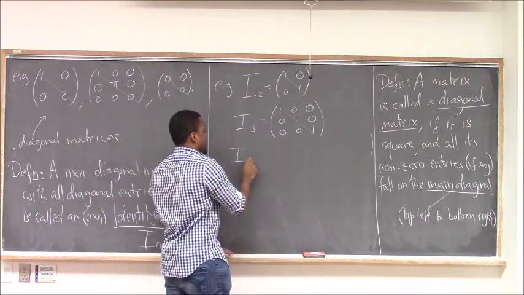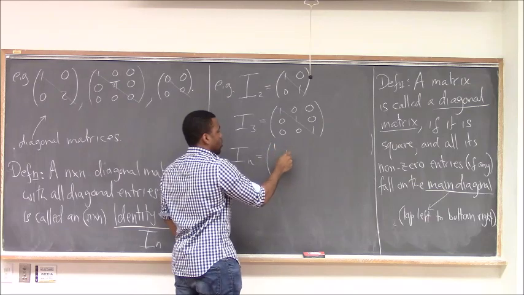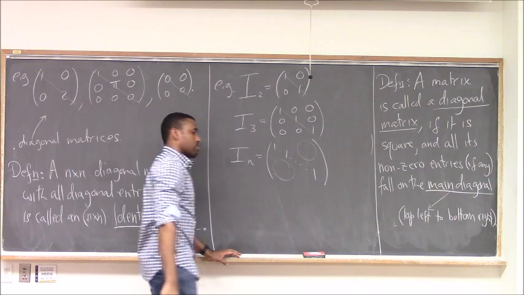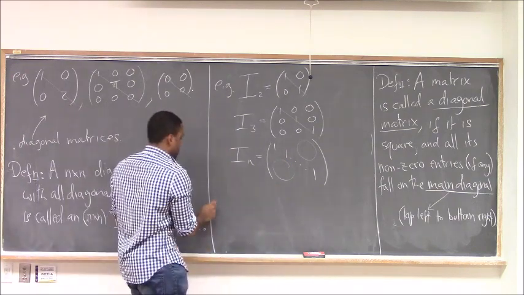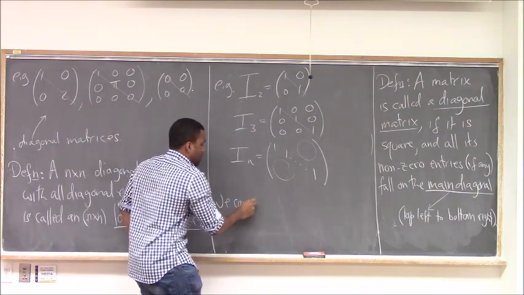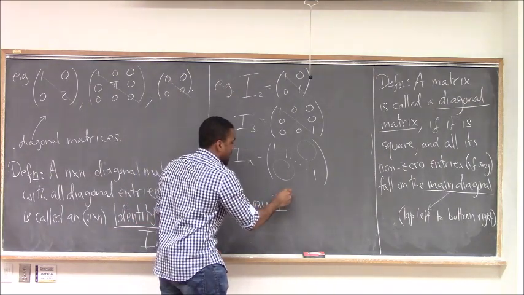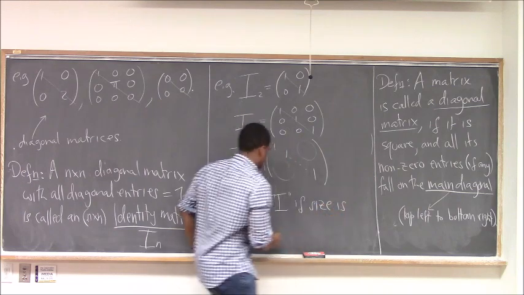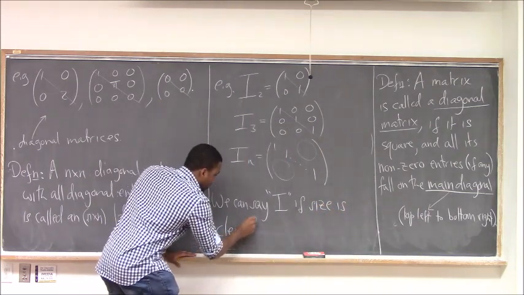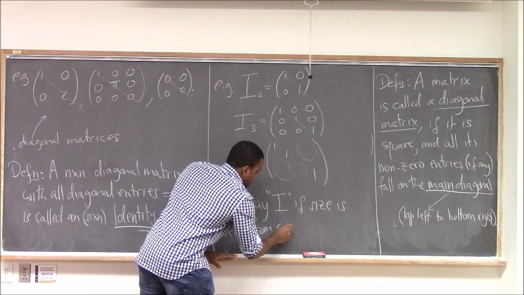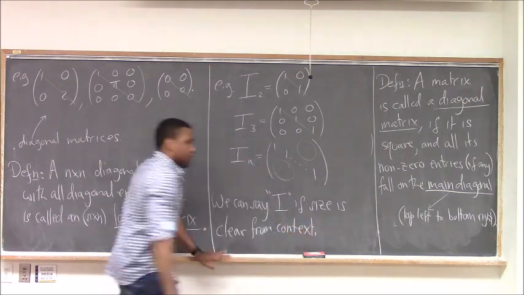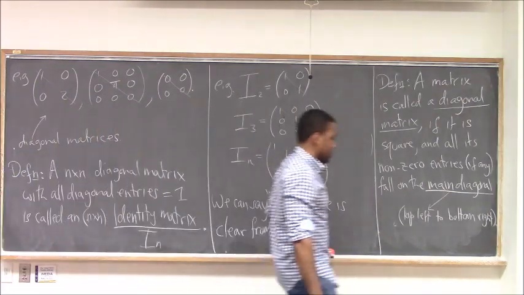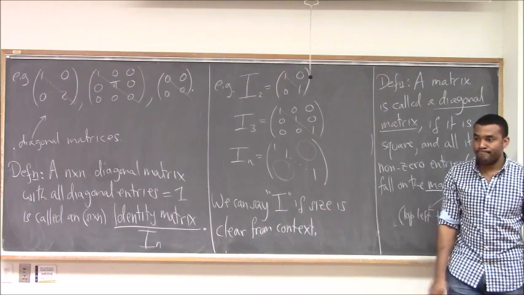You can talk about I_n, that just means you have 1s all the way down, 0s everywhere else. And you can just call it I if the size is clear from context. These are called identity matrices. They're a very important kind of matrix.